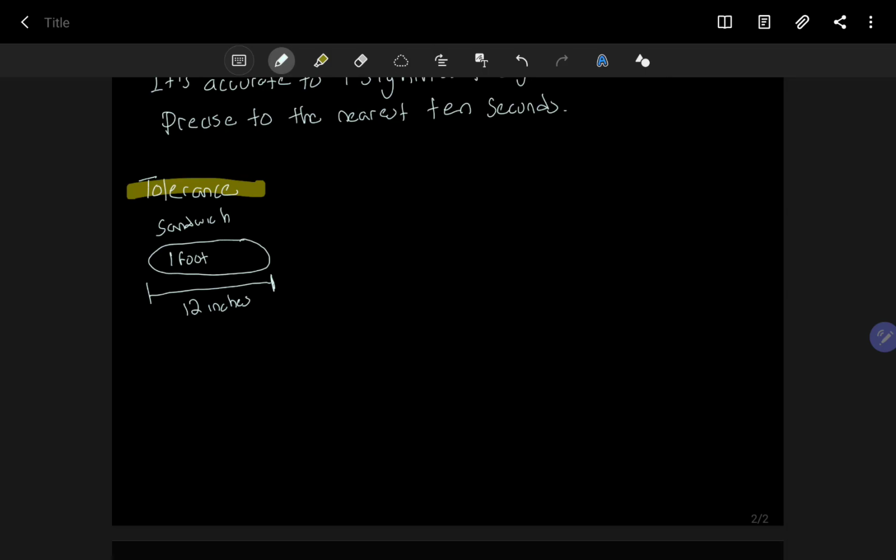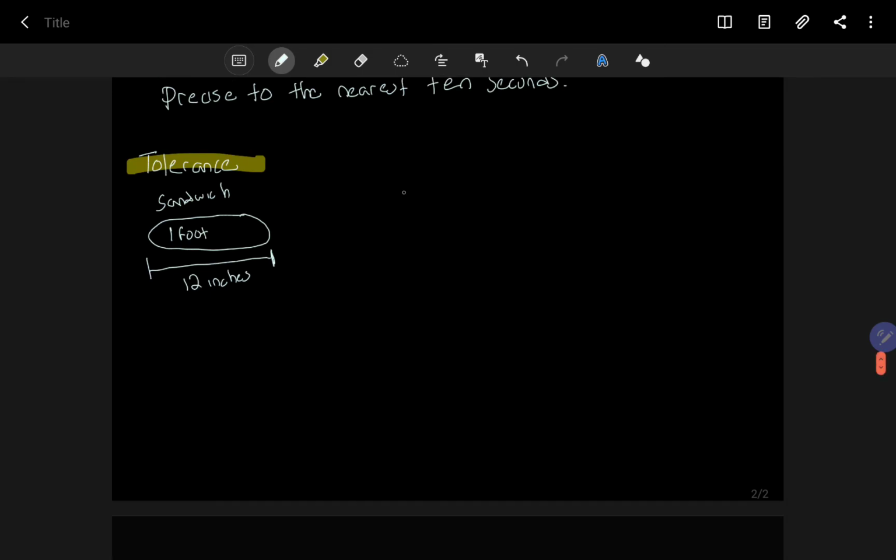So the tolerance means how willing are we for it to be within that measurement that we're looking for. For example, if you were to measure them, they're usually allowed to be between 11.5 inches to 12.5 inches.